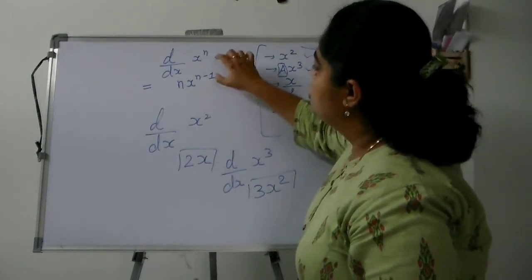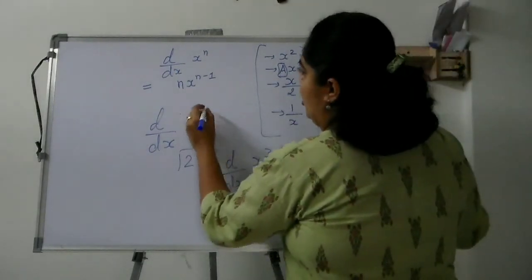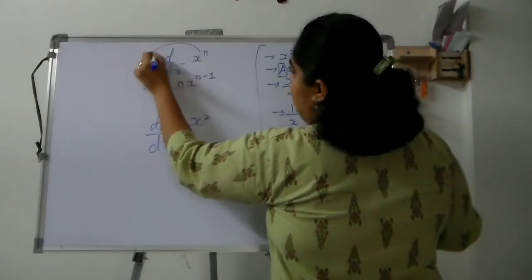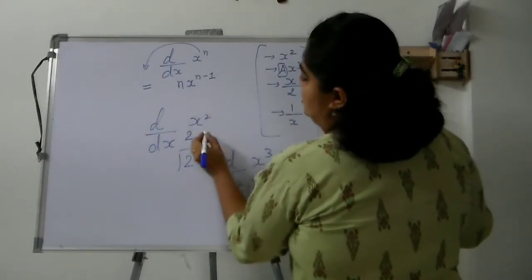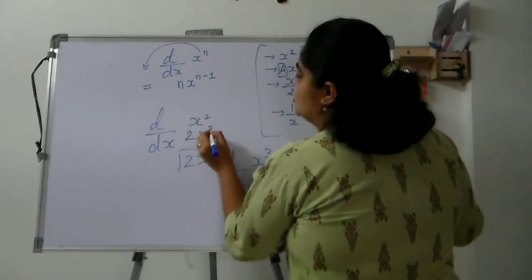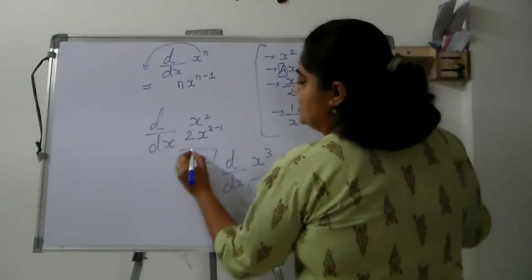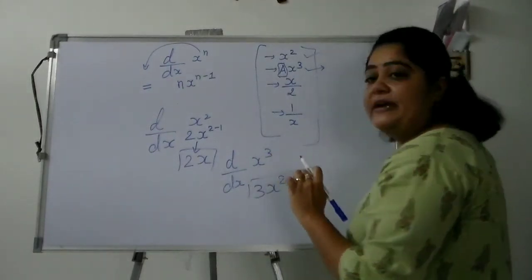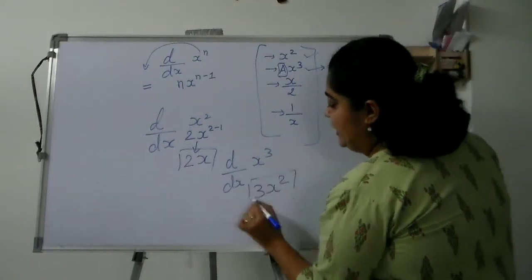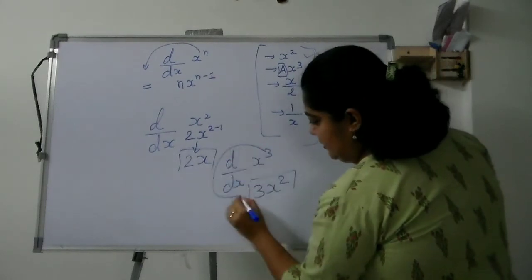It is 2. So this n will always come in front. So it is 2 and n minus 1. So it is 2 x raised to 2 minus 1, which is nothing but 2x. Clear? In case of x cube, it is 3x square. So this 3 has come here.